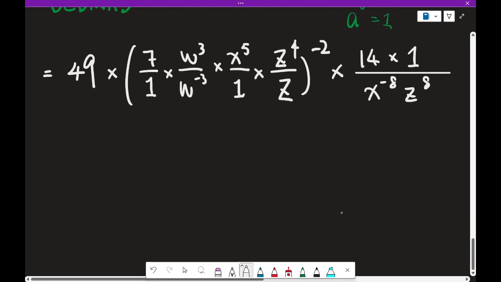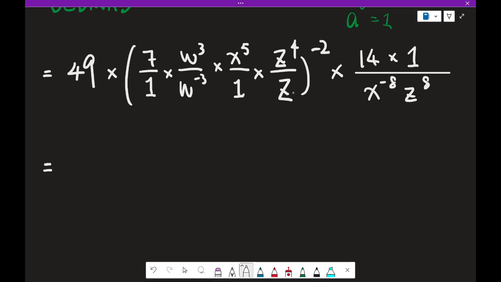Next, we can do further simplification for the math inside the first bracket. So 49, we leave it there. And we can see that 7 over 1 is 7. For all these fractions, we can use the same identity: a to the power of m over a to the power of n equals a to the power of m minus n.